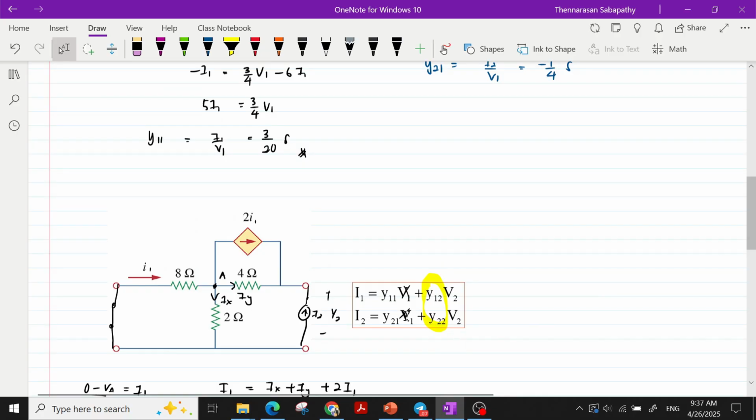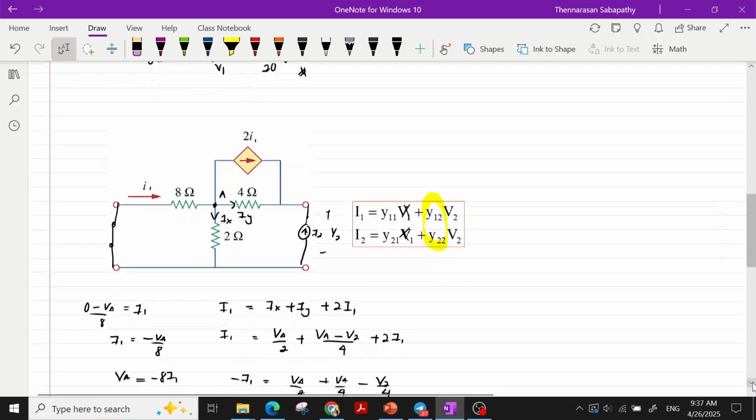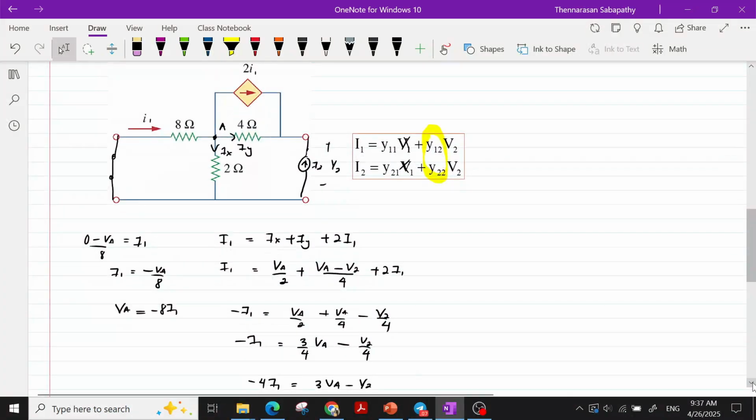Okay, then I want to get the Y22. I cannot use the same equation. I use this second equation where I choose this node. Okay, this node, we can label it as 2 because we have a V2 here. So when I write the equation, I write the current equation first.